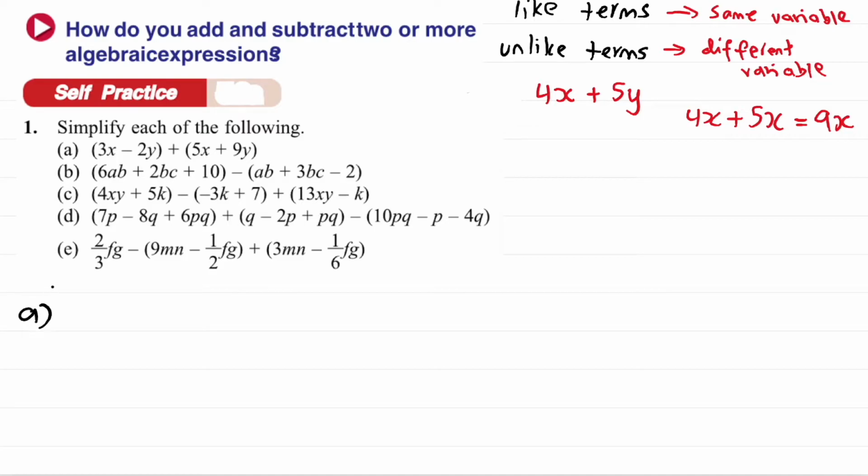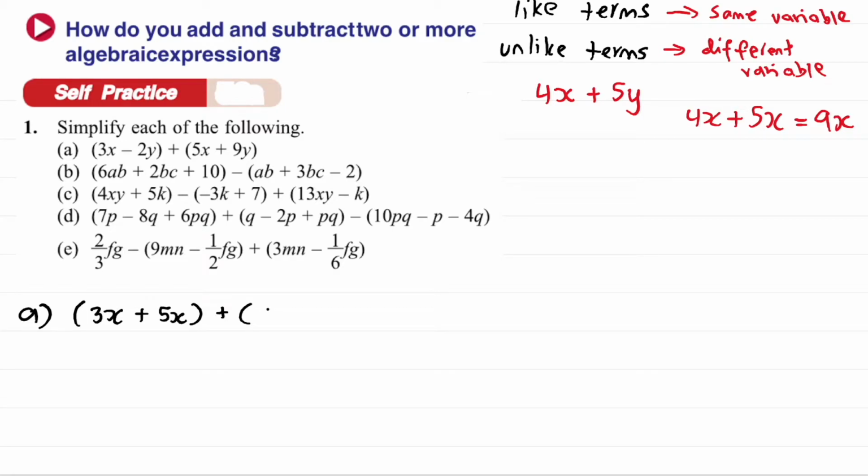Okay, for example, tengok A, so you ada 3x minus 2y plus 5x plus 5y. So what you have to do is you collect all the like terms together. So kalau sini 3x tambah 5x, okay, you put together macam tu. Bila you nak ambil yang 2y ni, okay, bear in mind you have to take also the operation dekat depan tu, sebab itu adalah dia punya sign.